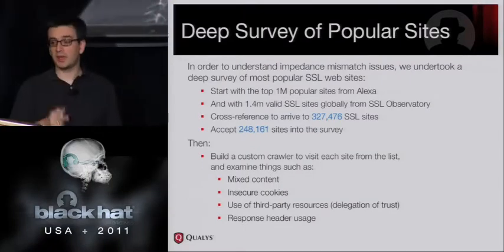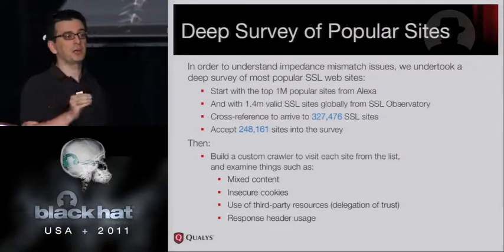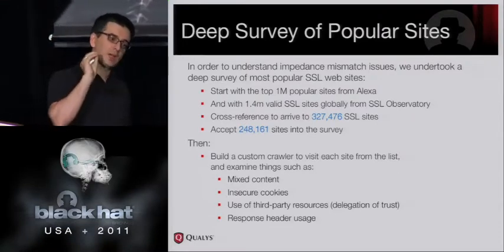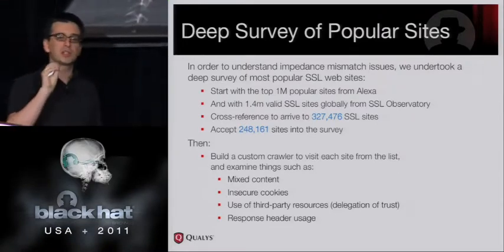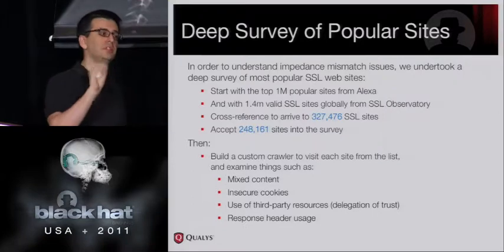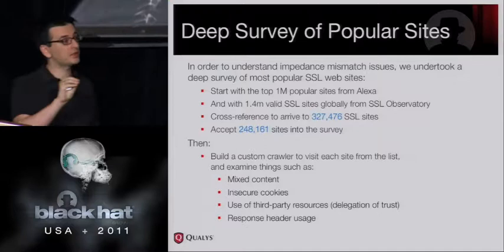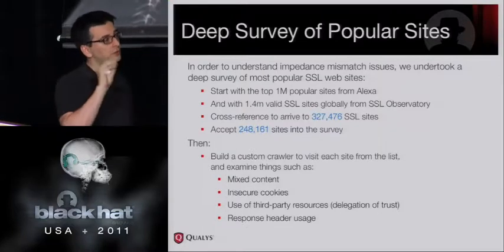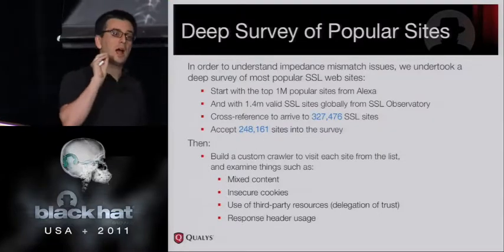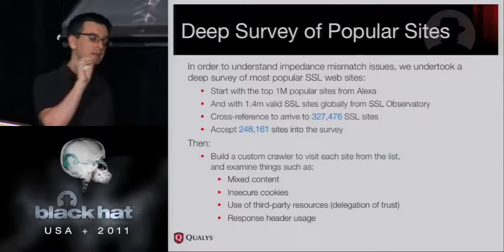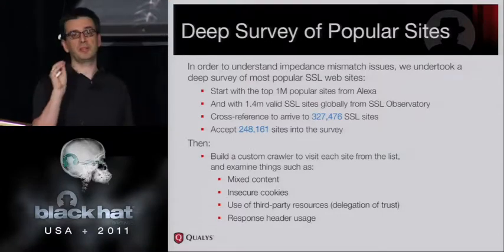The third survey we undertook, we wanted to go deeper. We understood that these SSL configuration issues are not necessarily of immediate relevance, because as important as SSL configuration is, there is not really an immediate threat. However, we knew that there's basically an impedance mismatch problem with SSL.